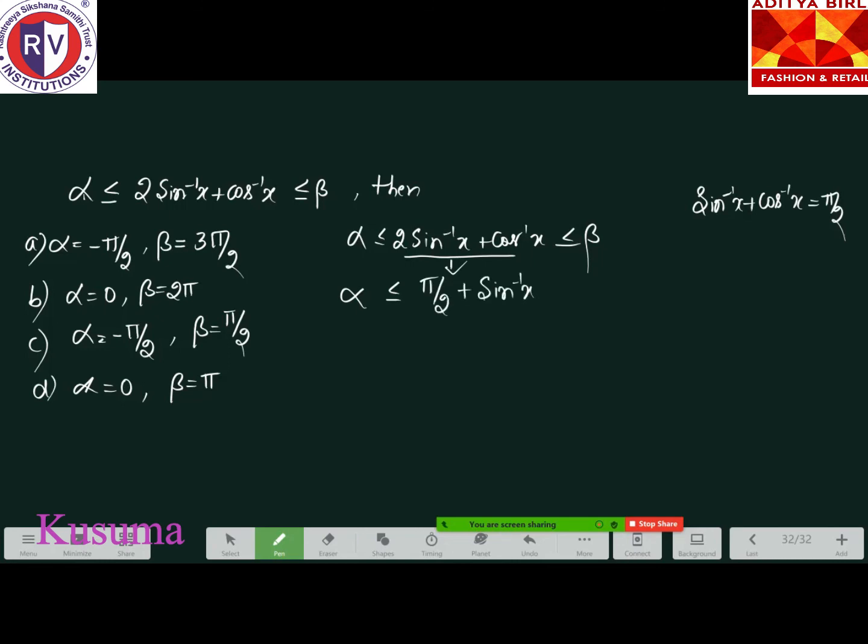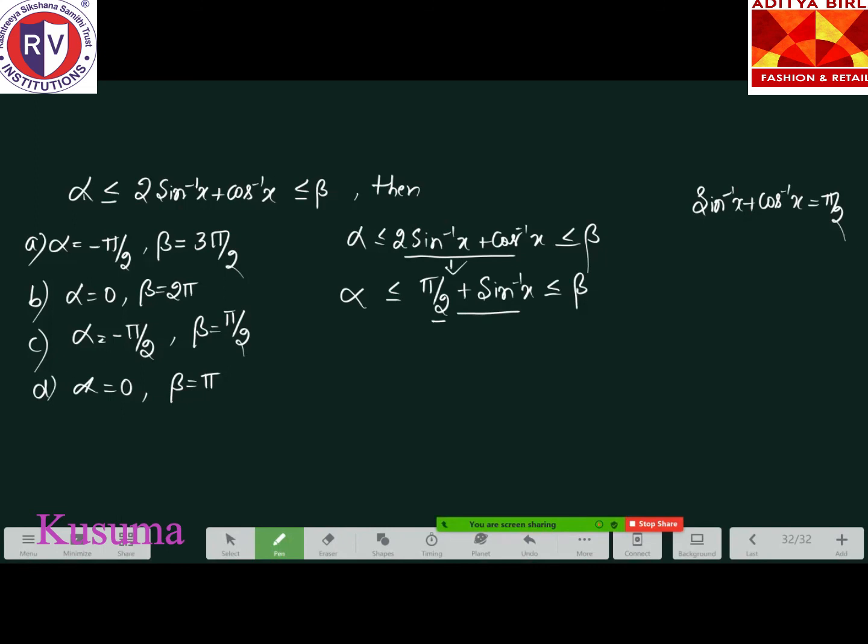Can I write it like this? Is this statement right? Yes, ma'am. Yes, because I have written this as sine inverse x plus sine inverse x plus cos inverse x. So sine inverse x plus cos inverse x will give us pi by 2, and what is left out is plus sine inverse x.